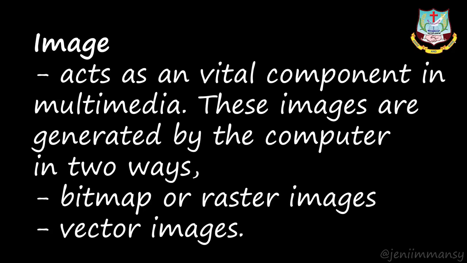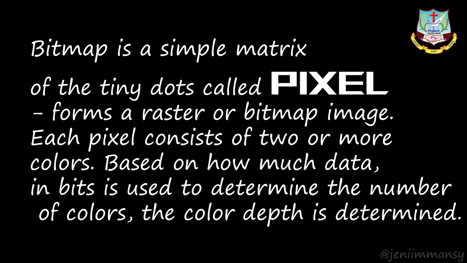So you can put both the headings, and you can write the definition for both the headings here. Here you can write the definition for pixel also. Bitmap is a simple matrix of tiny dots called pixels. Each pixel consists of two or more colors, right? So you can write the definition for pixel, raster or bitmap image, and vector image.